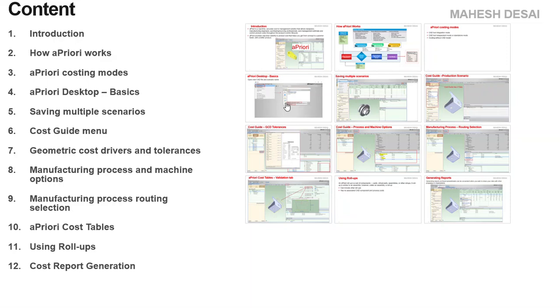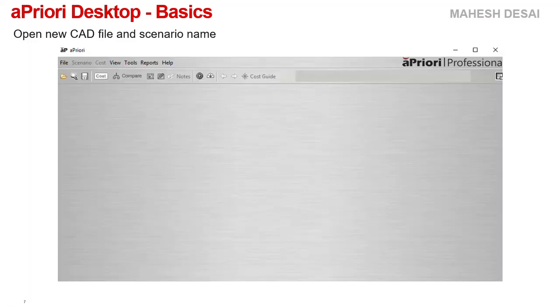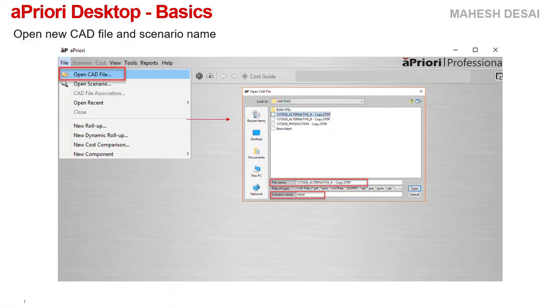So on the aPriori desktop basics, let's start with opening a new CAD file and scenario name. This is how the aPriori tool looks when you open it. The first thing is from the file menu, open CAD file, and then the CAD file.